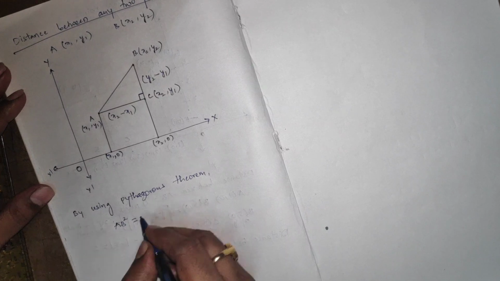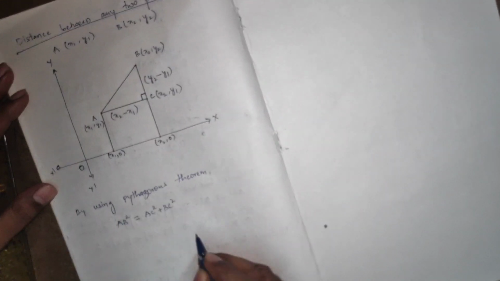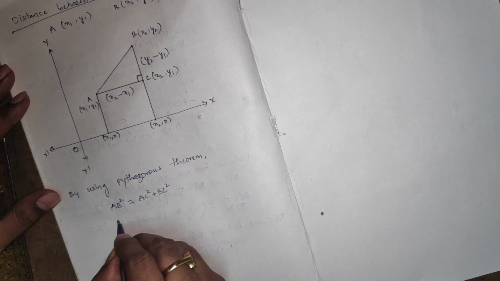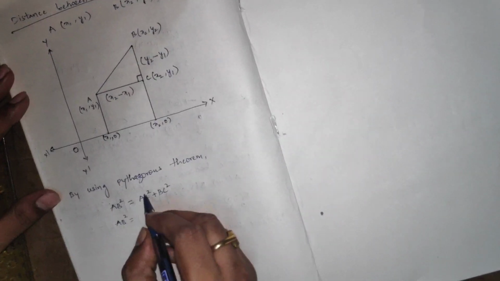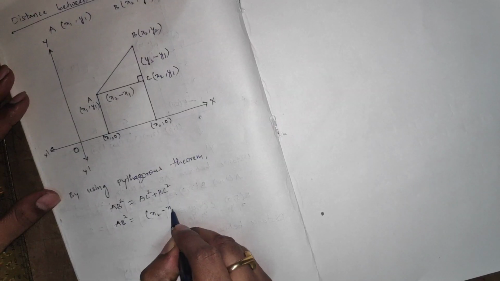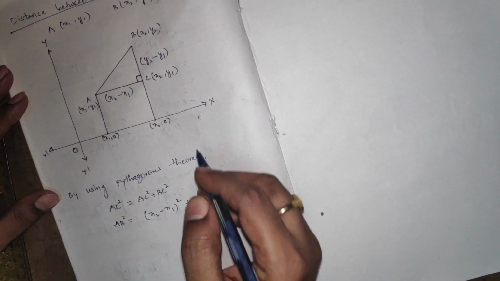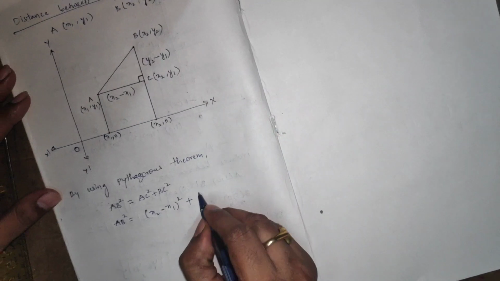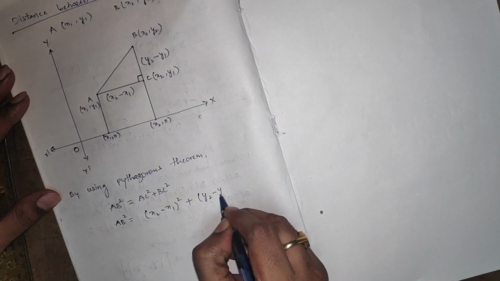So AB square is equal to AC square plus BC square. Now AB square is equal to, we know the distance between AC, that is x2 minus x1 whole square, and the distance between BC is y2 minus y1 whole square.